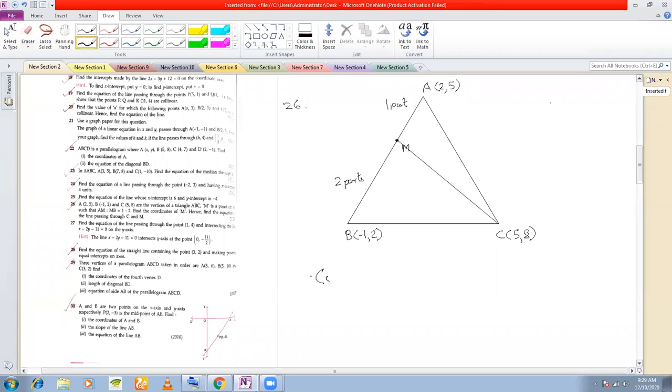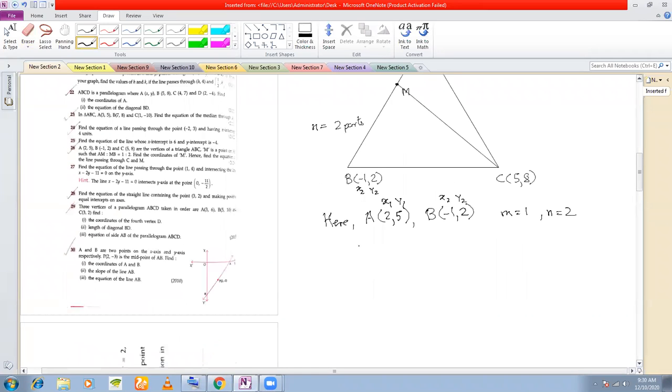So coordinates of M. Let me write it down here. A is (2, 5), B is (-1, 2). If I take A as x1 y1 and B as x2 y2, then m becomes 1, that is, this is your m parts and this is your n parts. So n is equal to 2.